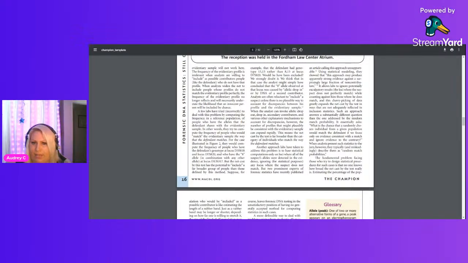Another approach labs have taken to address this problem is to base statistical computations only on loci where all of the suspect's alleles were detected in the evidence, ignoring for statistical purposes any locus where the suspect does not match. That would be, I think, exculpatory evidence if any of the analysts ignored areas of the defendant's DNA profile that didn't statistically match.